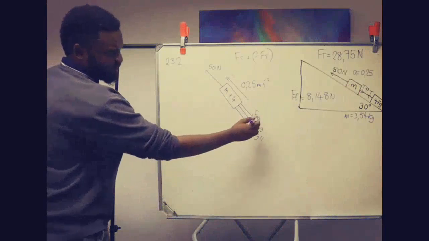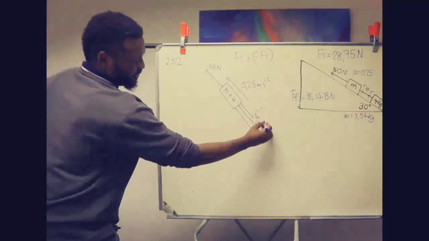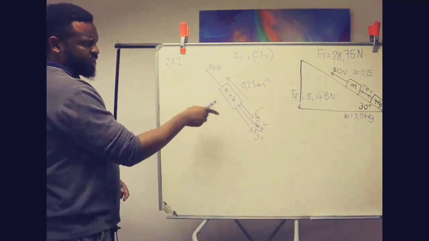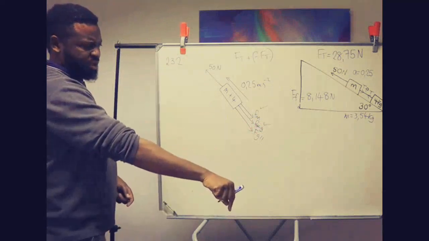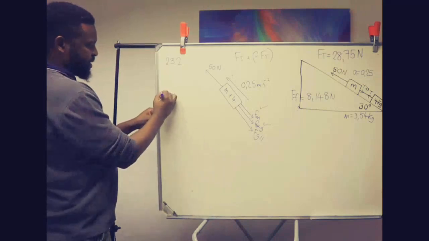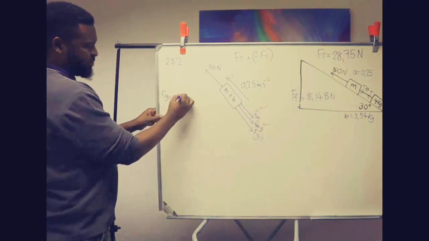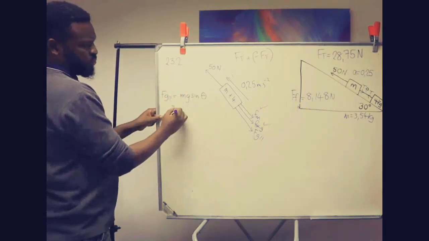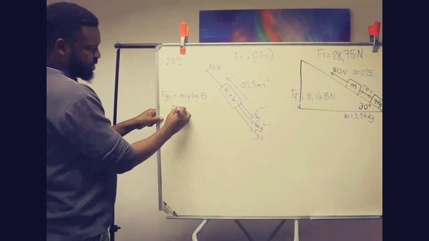Can we work out the friction of M? We've got friction of the 4. What we don't have is Fg parallel of the system. The gravitational force combined pulling this down the incline. So the Fg parallel is mg times the sine of theta, which will equal to what?